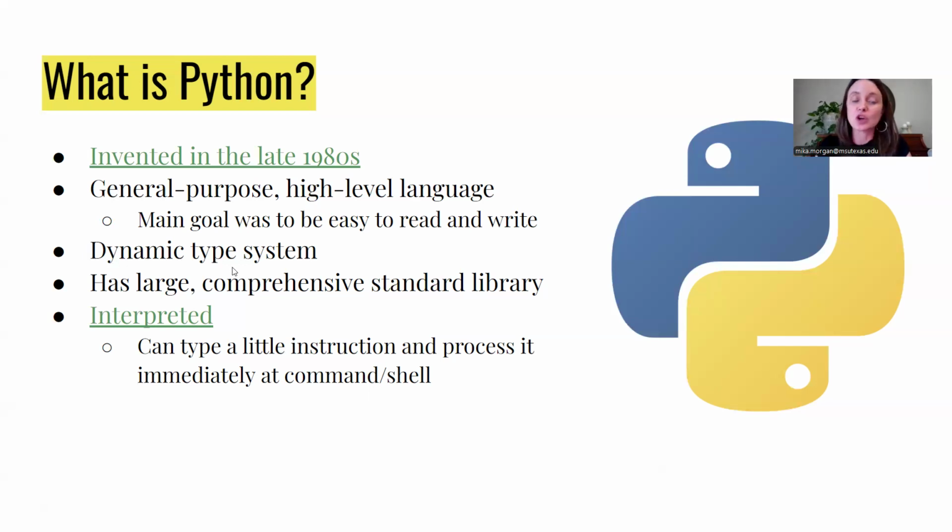Python can determine the data type itself as the code is running, which is really nice. And this right here is really the main reason that Python has exploded and become as popular as it is. It has a very large, comprehensive library.